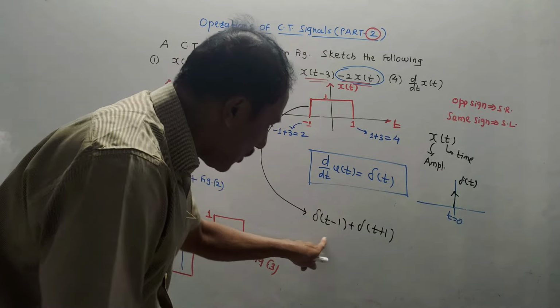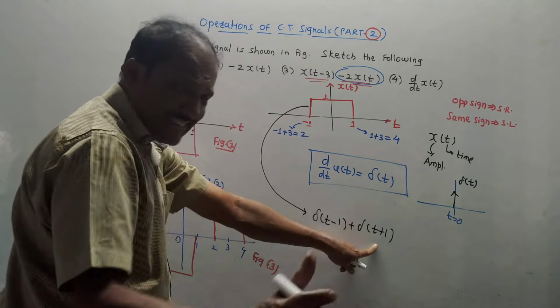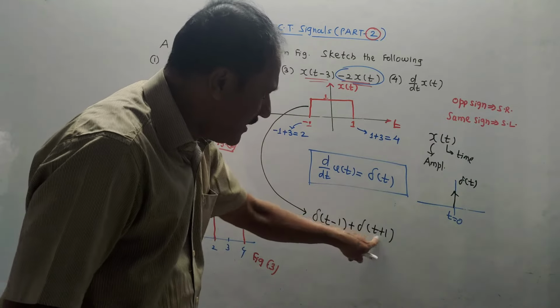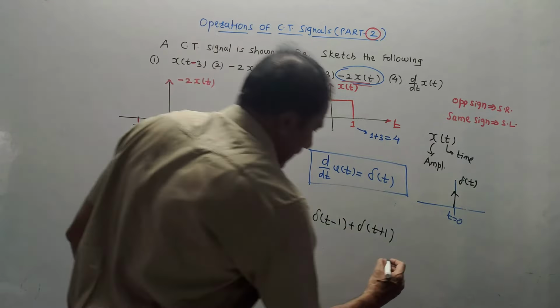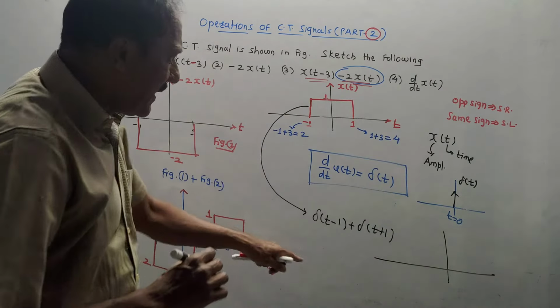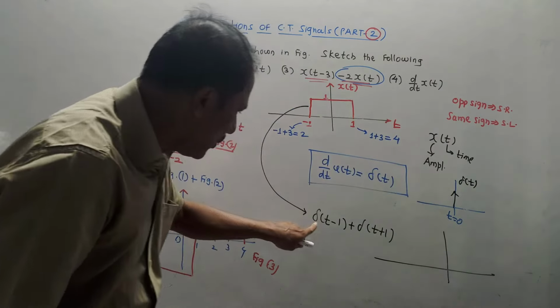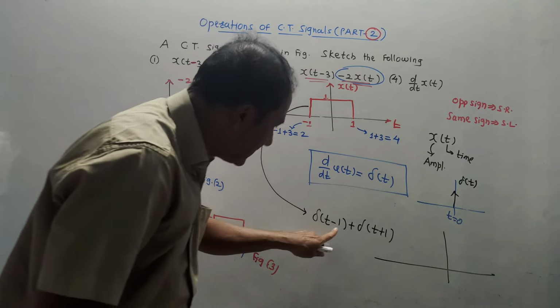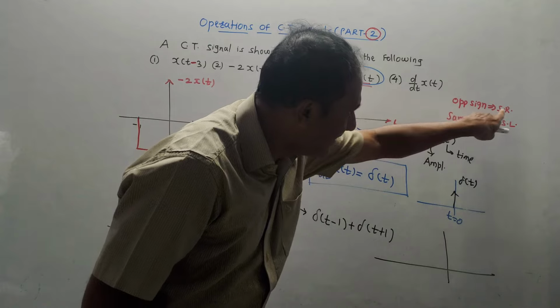Now if you want to draw the diagram for this part, what I said, just check the limits and write delta. So it is delta t minus 1 plus delta t plus 1. If we want to draw the diagram for this, make the thing simple. This is the diagram of delta t. Look at first part. It is delta t minus 1. Look at the signs plus minus. Plus minus is opposite sign. Shift right.